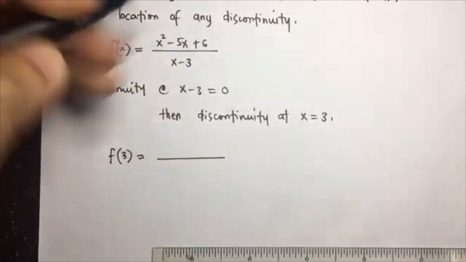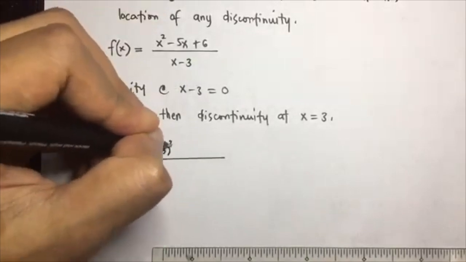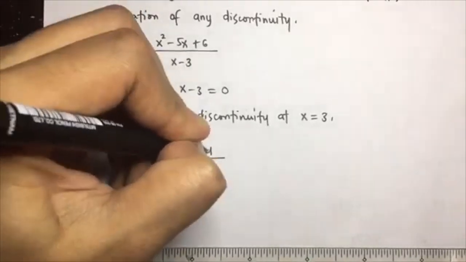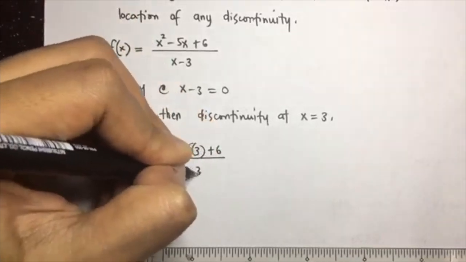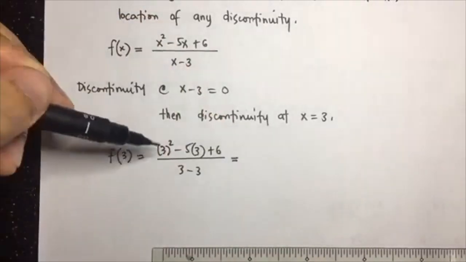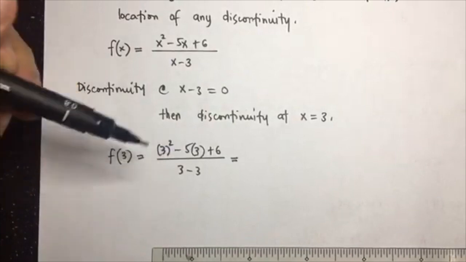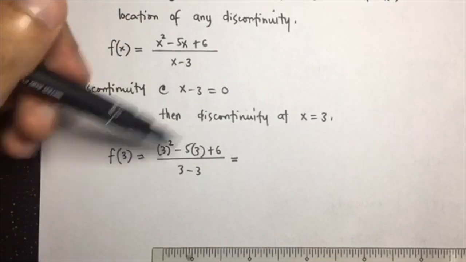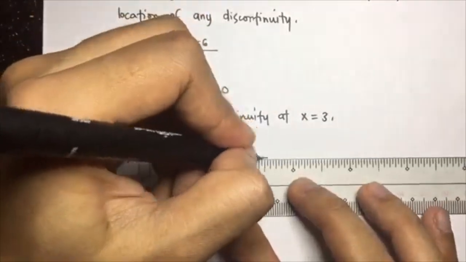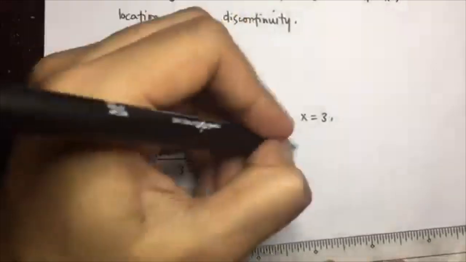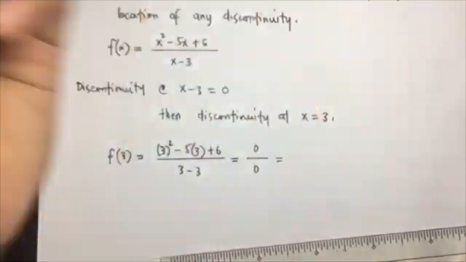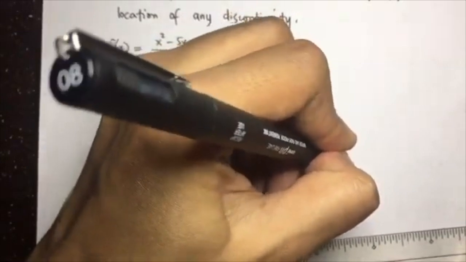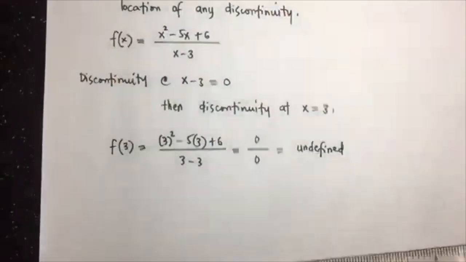Just substitute x is equal to 3, so we have 3 squared minus 5 times 3 plus 6 over 3 minus 3. Here we have 9 minus 15 plus 6, so we have 0 over 0, so this is undefined. Okay, so that's the discontinuity.